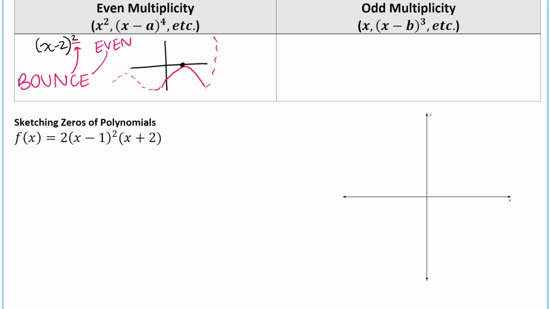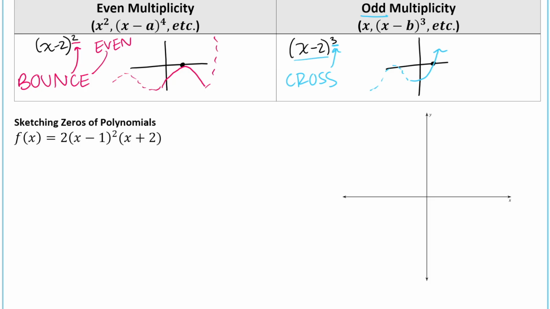So if I have an odd multiplicity, something like x minus 2 cubed, the odd exponent means that it's going to cross at that zero. So if I have x minus 2, I've got a zero at 2, it's going to pass through the point. And we're not sure what it's doing at other points, but at that zero exactly, it will cross.